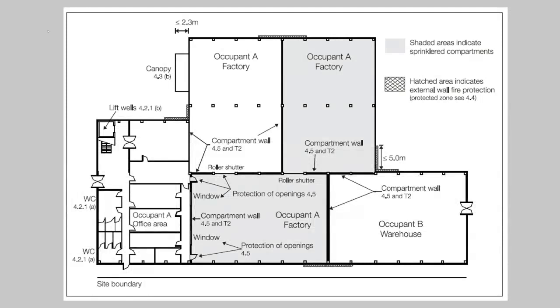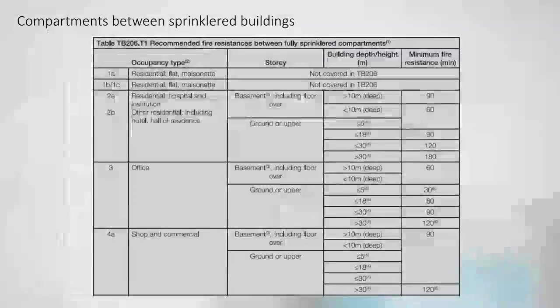That just refers you to the tables and the clauses that need to be read. It's worthwhile reading this. For instance, table 1, this is recommended fire resistance between fully sprinklered compartments, so that's where you've got walls between two sprinklered areas.